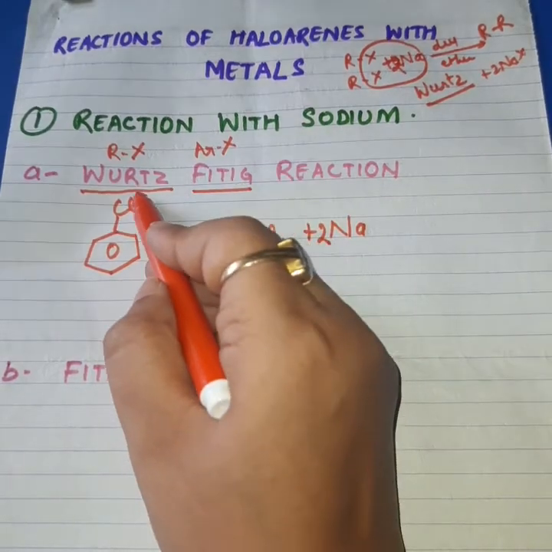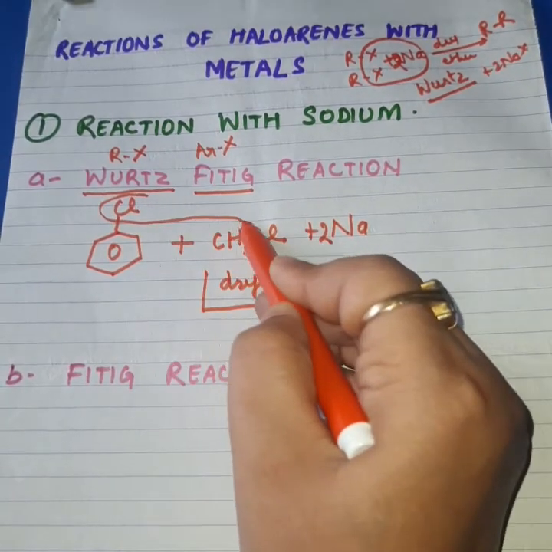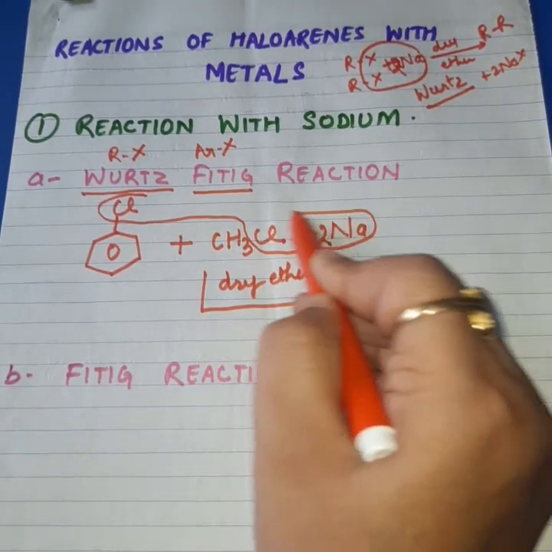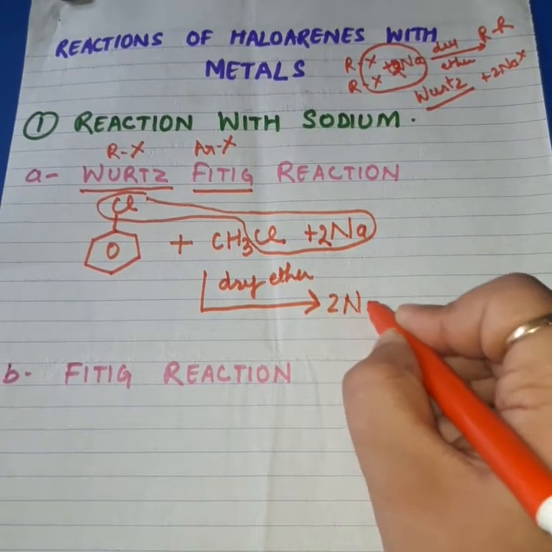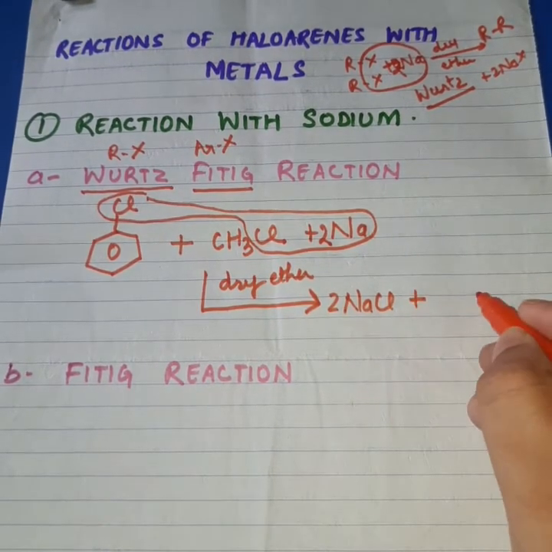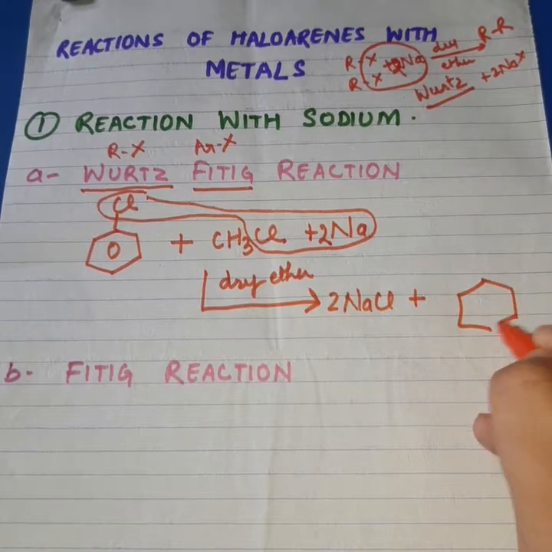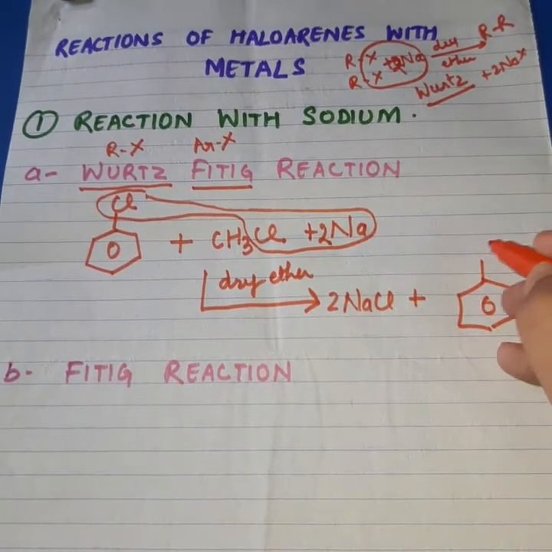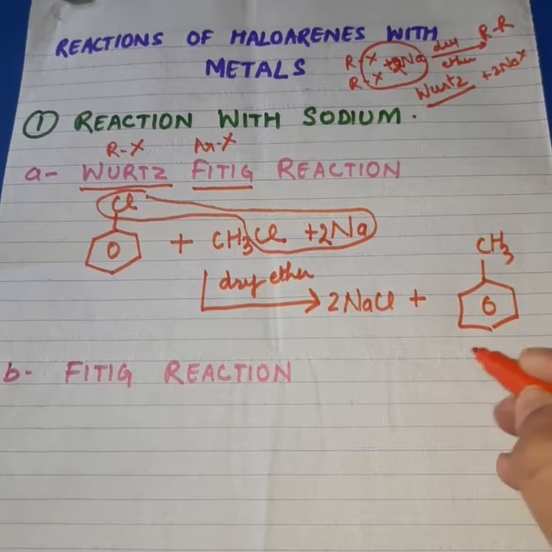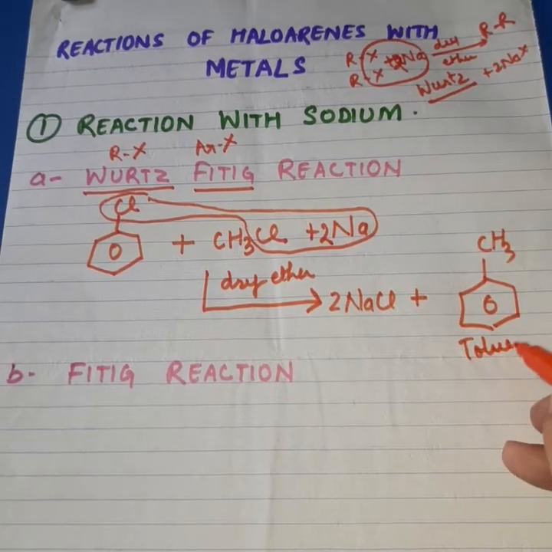The reaction takes place this way: 2Na and 2Cl, so one byproduct is 2NaCl, and the major product is where Cl gets substituted with CH3. So we get CH3 substituted here.